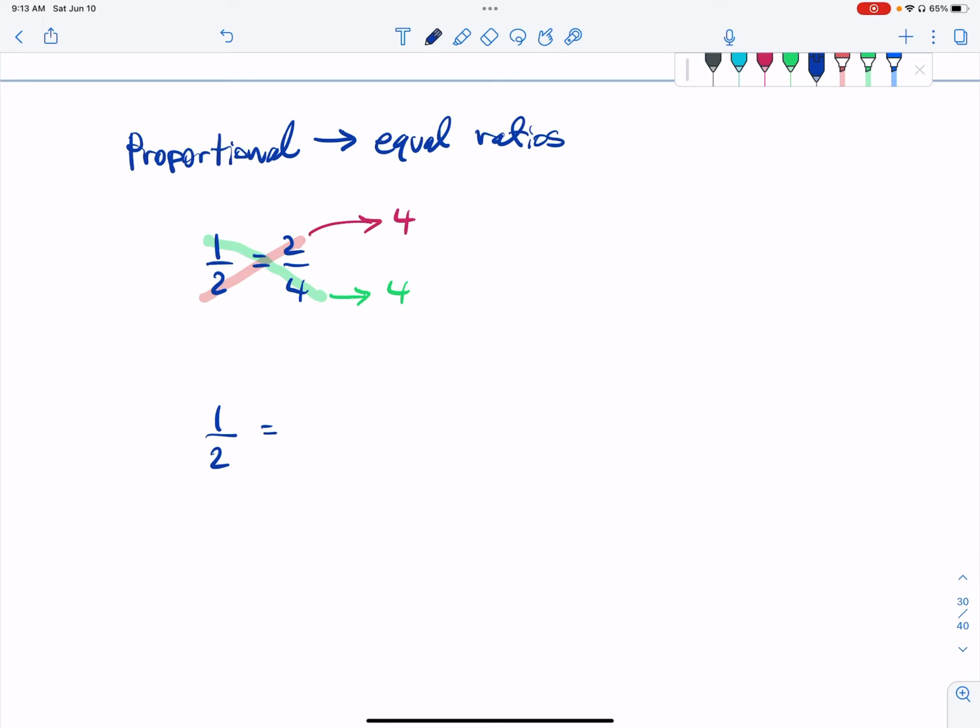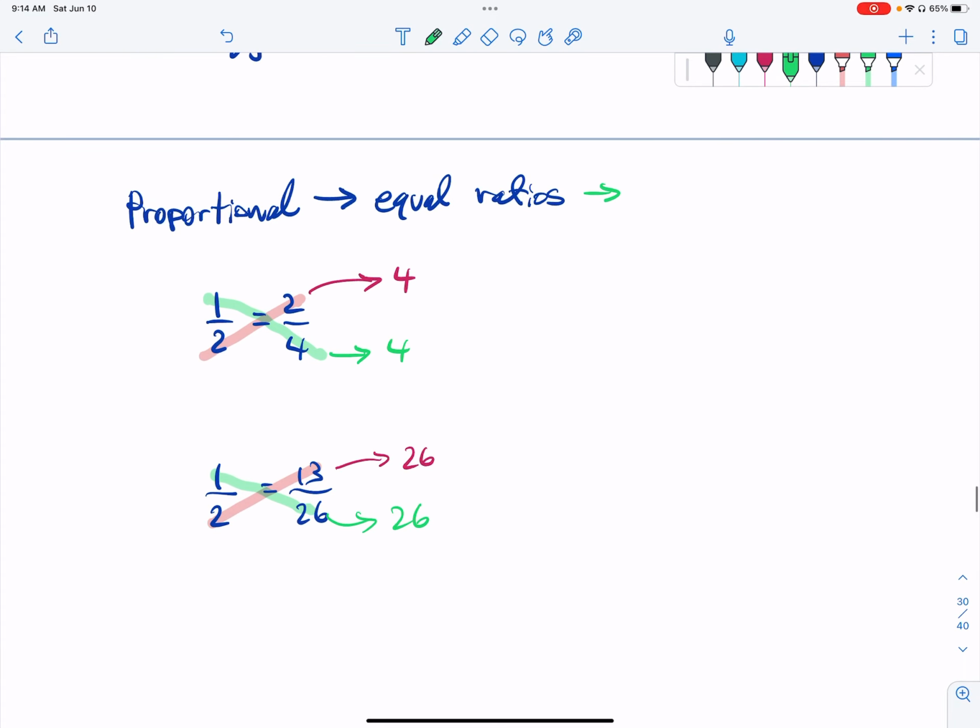Let's say that I do 13/26. Do the exact same thing here. So 2 times 13, that's going to be 26. And then on the other cross product here, we also get 26. So I'm going to write that down as well. Cross products are equal.